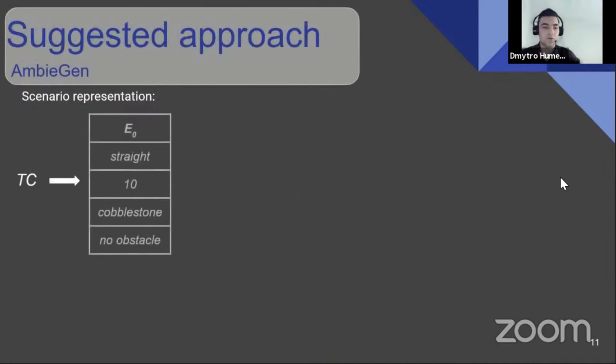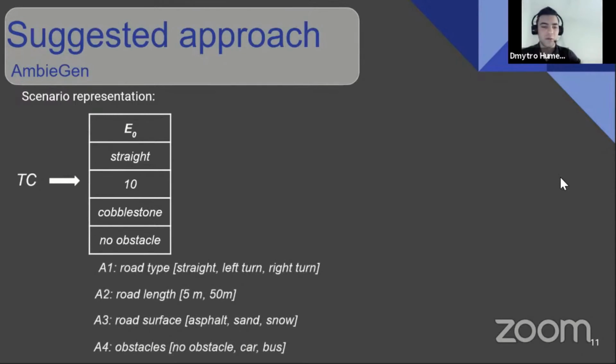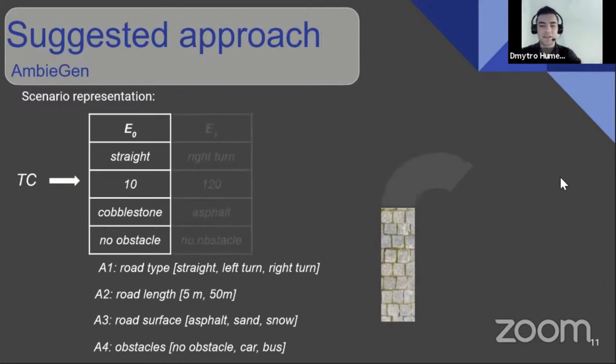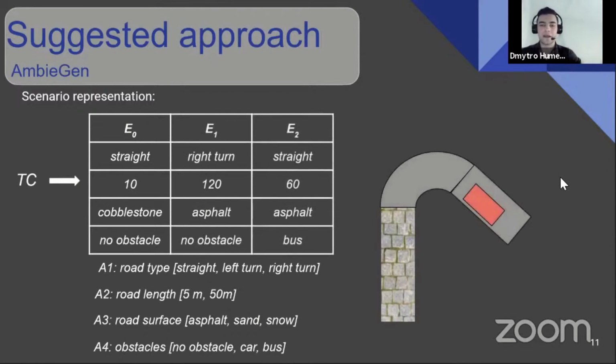So we propose to represent the scenario as a sequence of environmental elements, where each environmental element will have some attributes which describe it. For example, the first environmental element can be some part of the road with a description, such as the material which it has, its trajectory, its length, and the possible objects that are located on it.